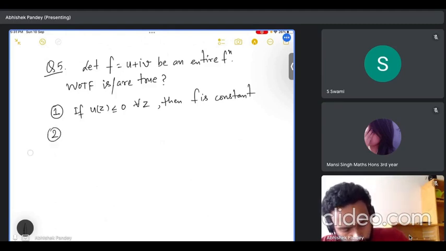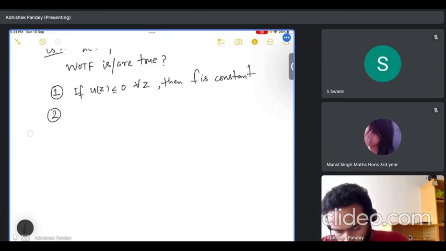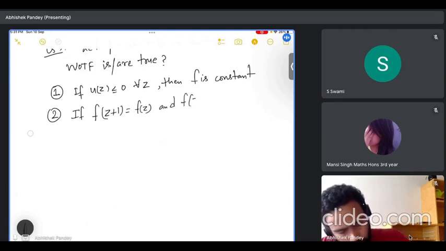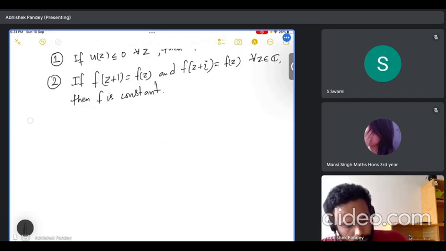Second thing is, if f(z+1) is equal to f(z), and f(z+i) is equal to f(z) for every z belonging to C, then f is constant.